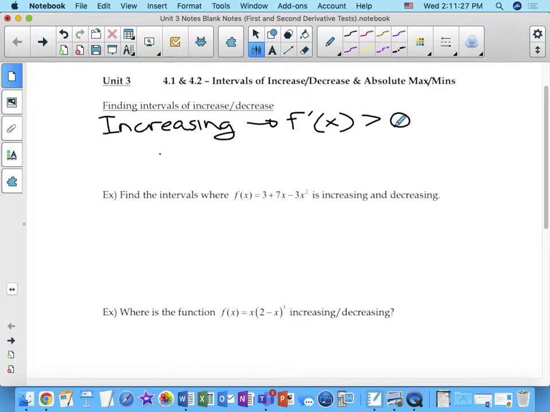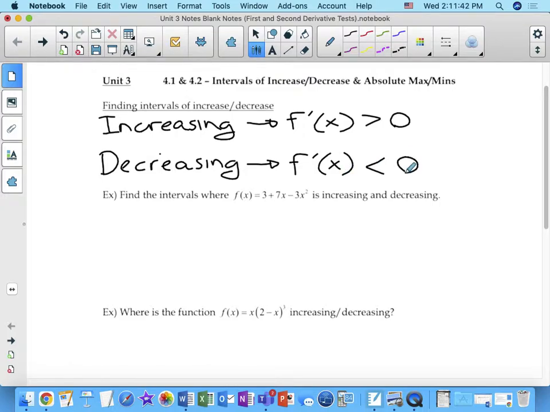When the function's decreasing, the derivative is negative because the slope of the tangent line would be negative.